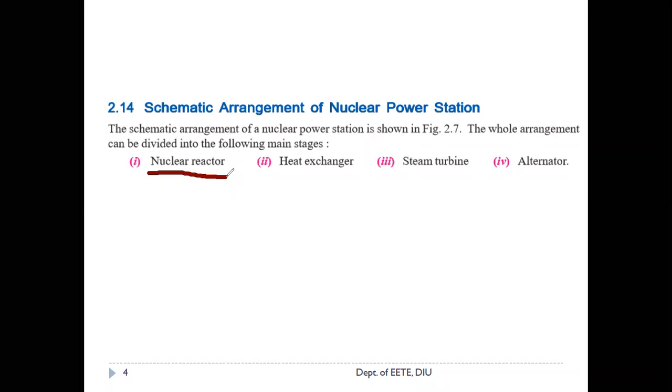That energy is transferred from the reactor to a heat exchanger, and finally using that heat we get steam, and the steam rotates the steam turbine, and finally we get the alternator, basically the generator, where we get the energy.